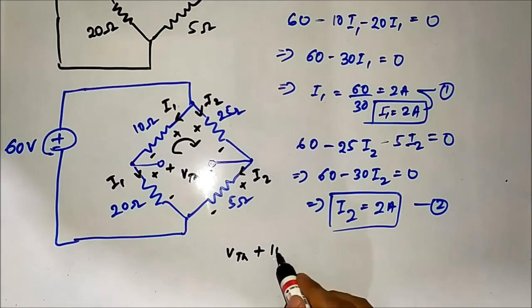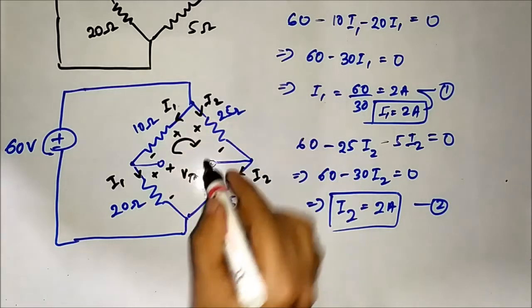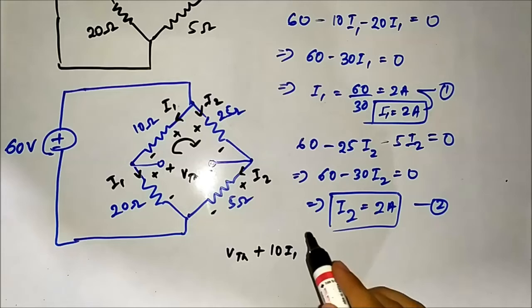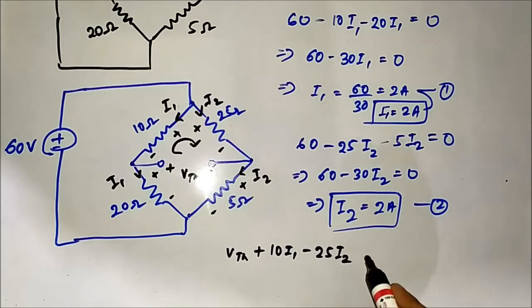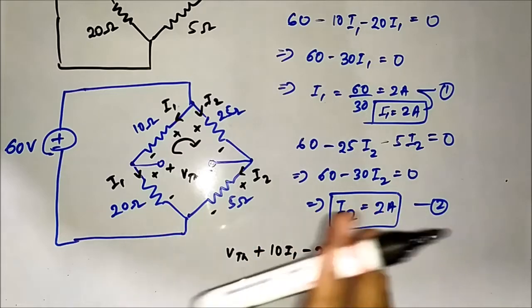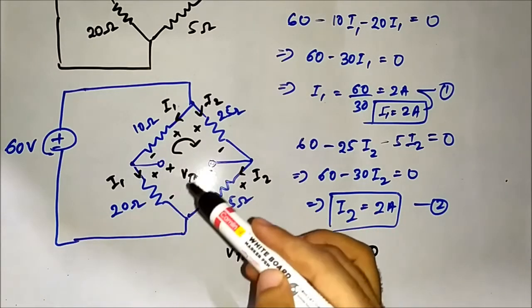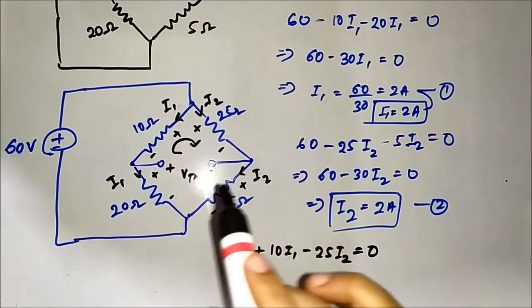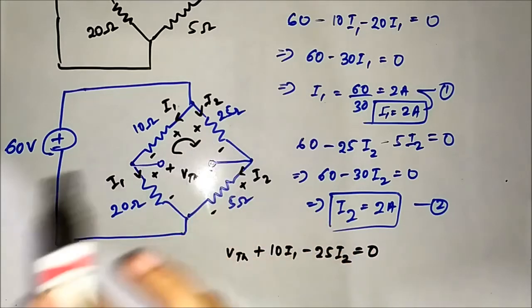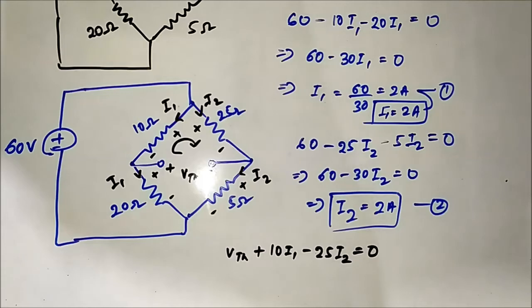VTH plus 10 I1 minus, because from plus to minus we are moving, minus 25 I2 is equal to 0. I have already discussed the different ways in which we can apply KVL, the voltage polarities across resistor, inductor, capacitor, everything related to that. So please watch the introductory videos on the circuit theory playlist. So VTH plus 10 I1 minus 25 I2 is equal to 0.